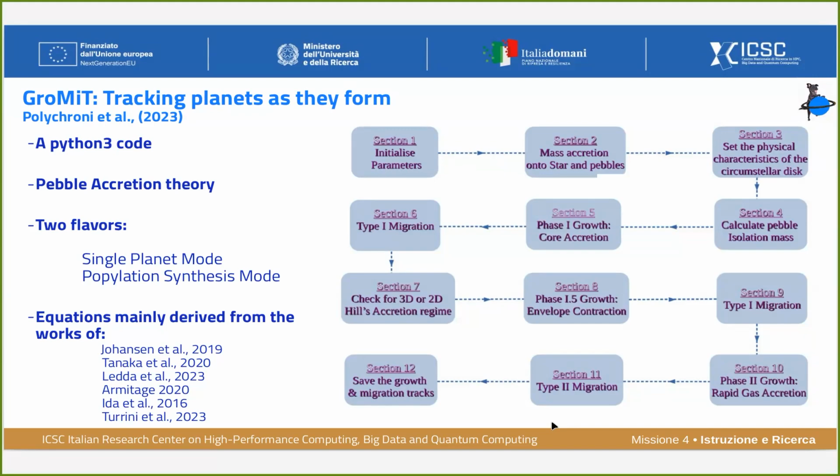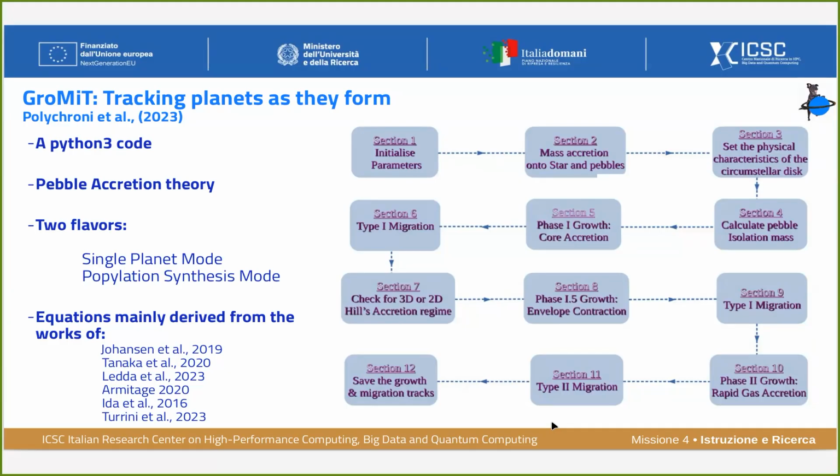It is based on the works of Johansen, Tanaka, Ida, Armitage, and Turrini et al. In bits and pieces, they have been taken as the code grows and we see that there are different needs for it. We accumulate equations as much as we can.